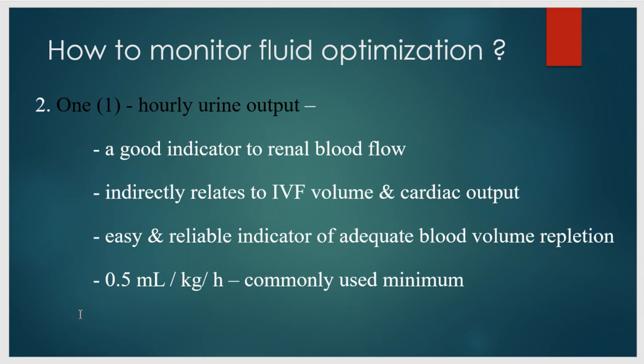But we'll go through very quickly how reliable this urine output is. The commonly used minimum is 0.5 ml of urine per kg body weight per hour, right?